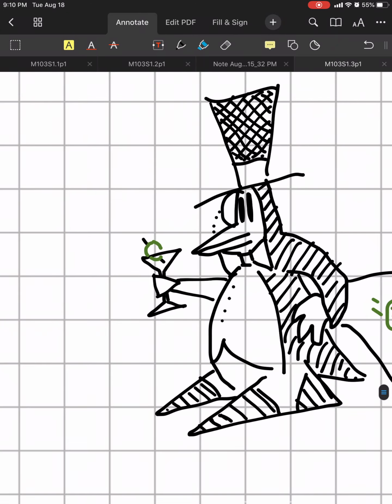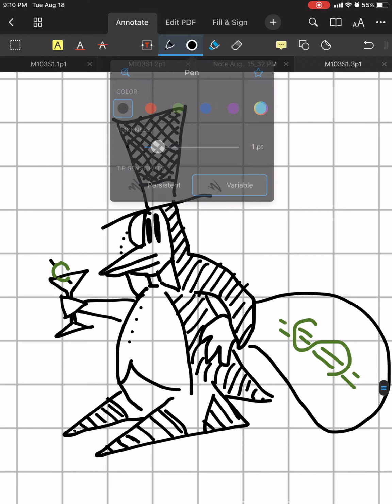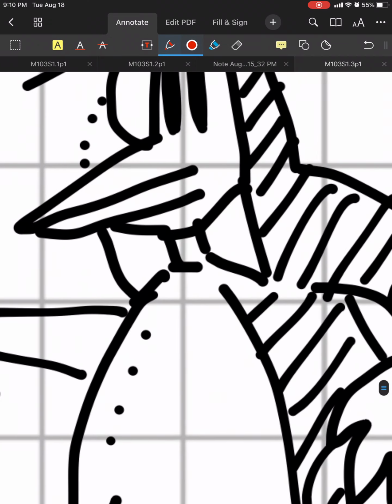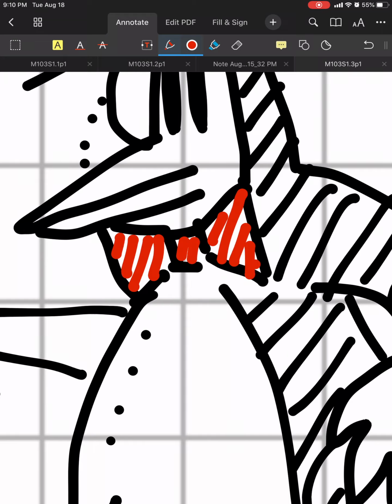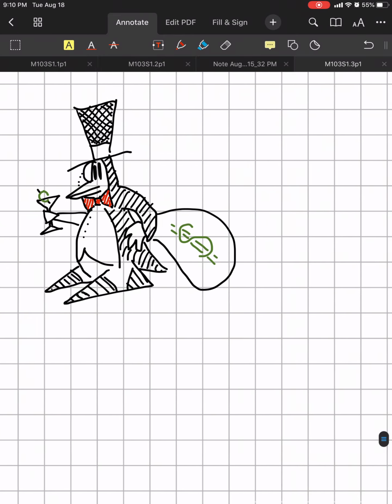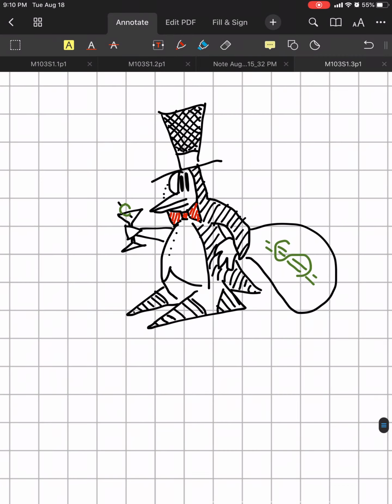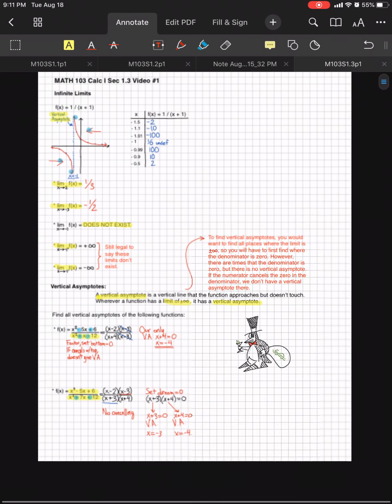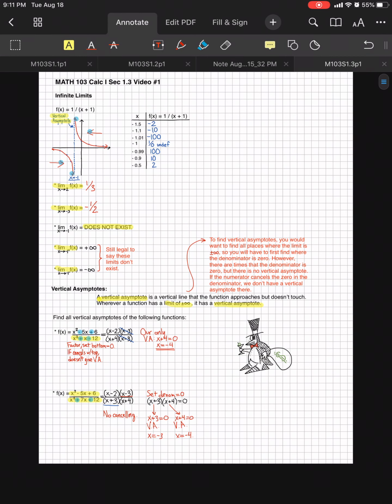Okay, and yeah, red bow tie, I think that'll do. There we go, and so there's our penguin. Actually, now that I see it, I don't like the cross-hatching, but too late to fix it. Alright, so there's your penguin for the day, and that's the end of the video.